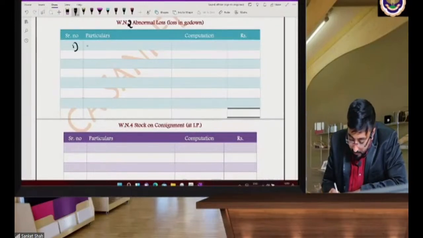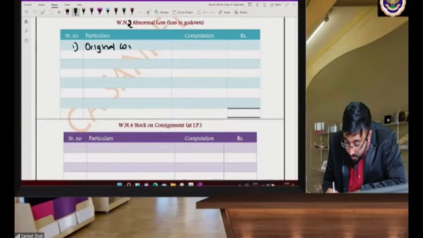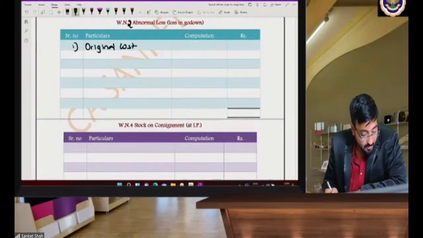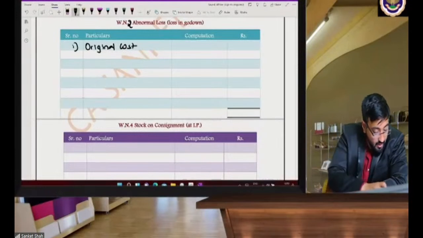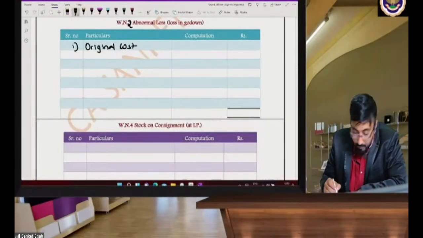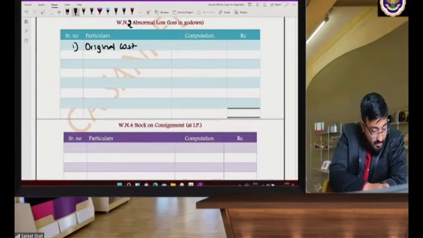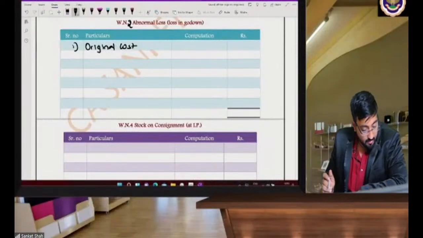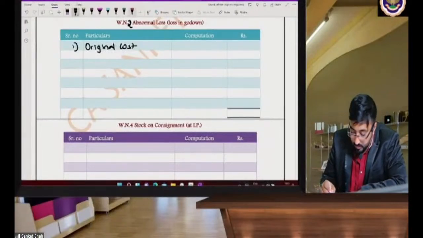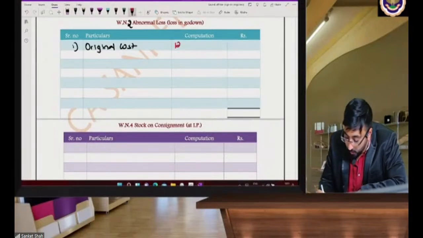Roman 1, original cost. See, original cost we have to write. As you are aware, original cost is 12,500.